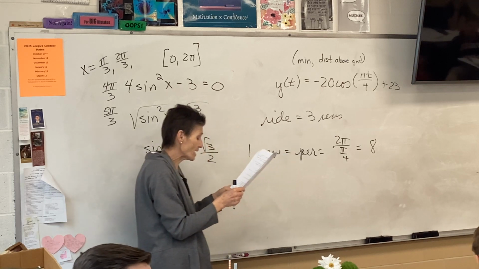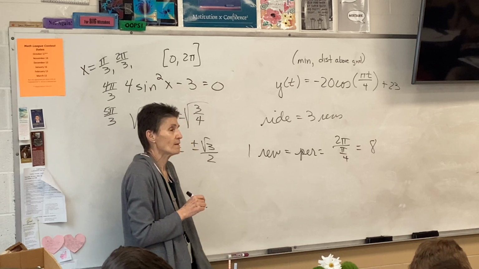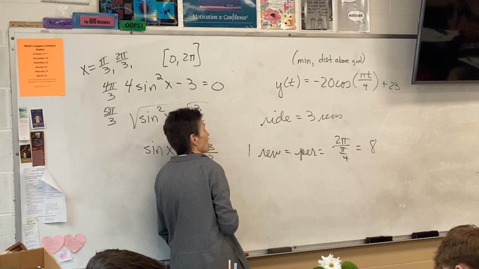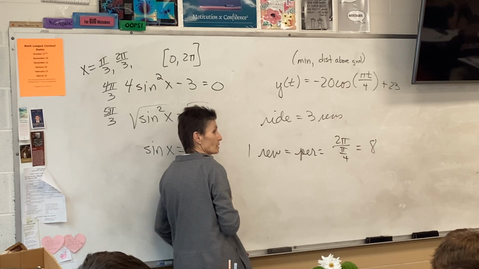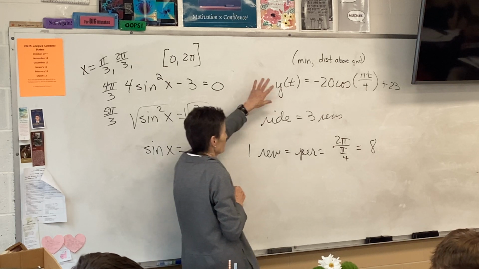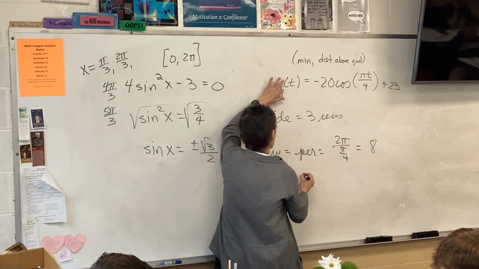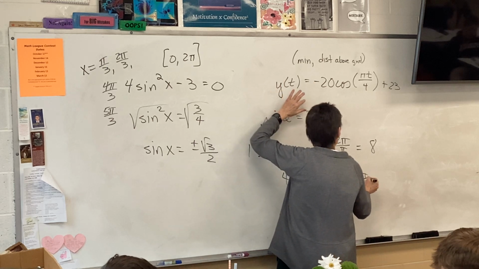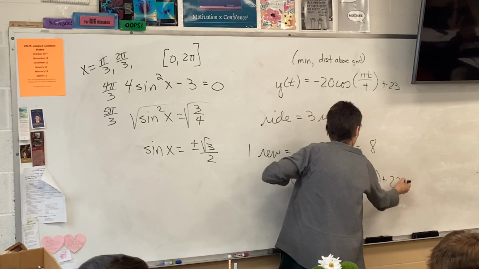Find all the times at which Patty is exactly 40 feet above the ground. Well, how did you do that? You want Patty to be 40 feet above the ground, so we're at the 40 right here. So 40 equals negative 20 cosine pi over 4t plus 23.